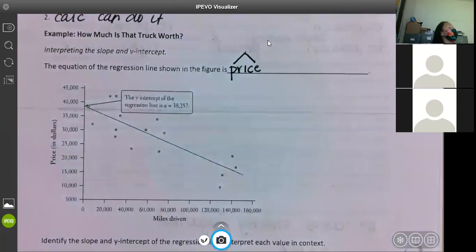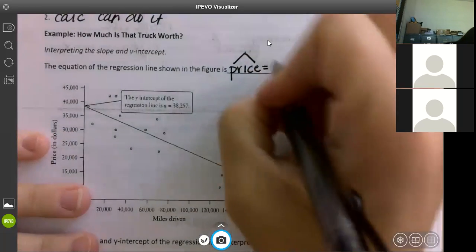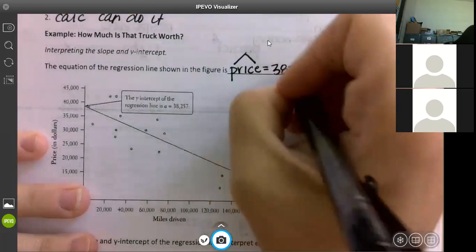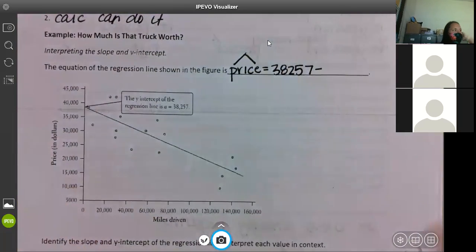Sometimes they'll change the y to the actual value of the variable. So this one dealt with price. We're talking about those trucks and the miles driven. So the predicted price, we said our equation was 38257, and I'm going to put minus instead of plus negative.